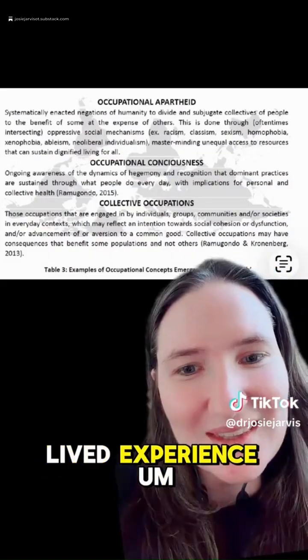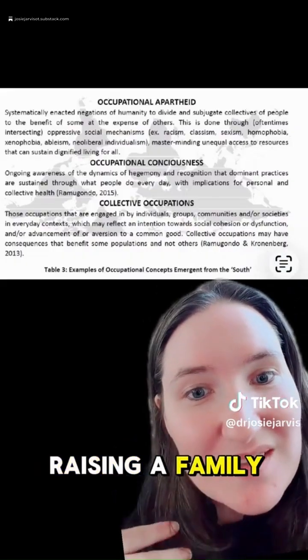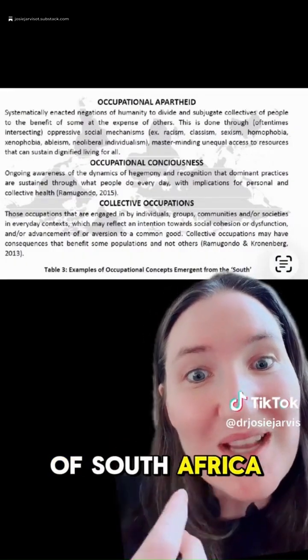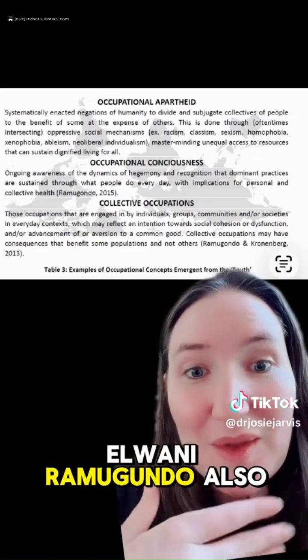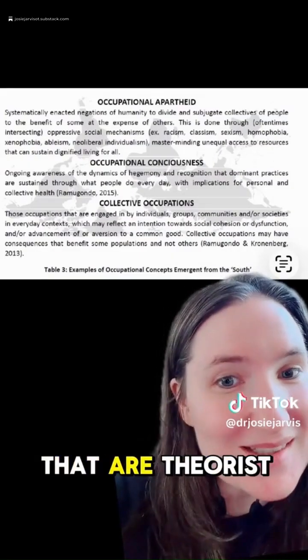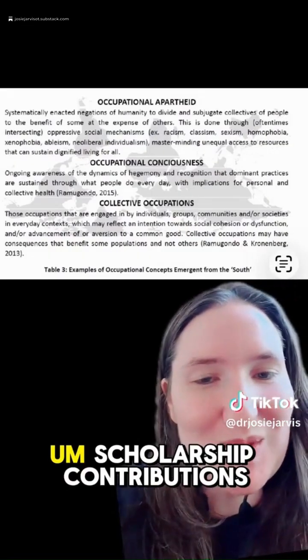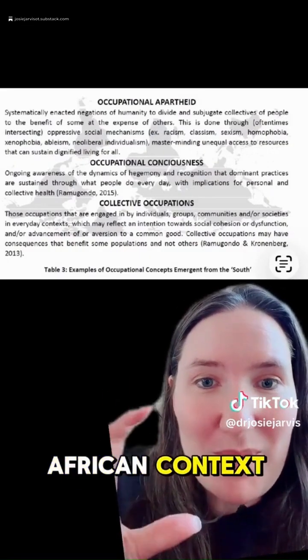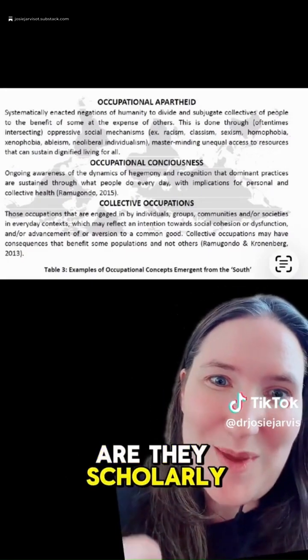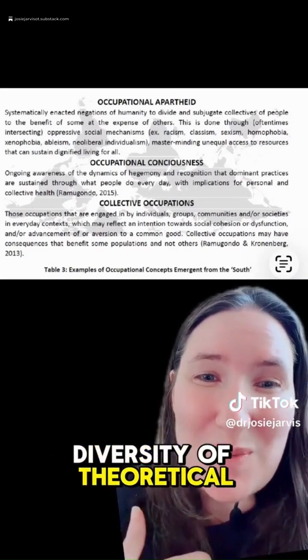Now, the way that Frank defines occupational apartheid comes directly from somebody with lived experience raising a family in the context of South Africa and living with his partner, Elelwani Ramugondo, also a doctor. They are theorists that developed and grounded their occupational scholarship contributions from the South African context.